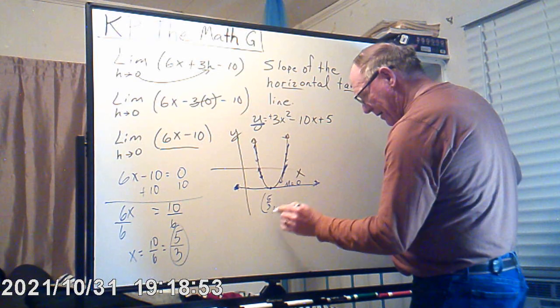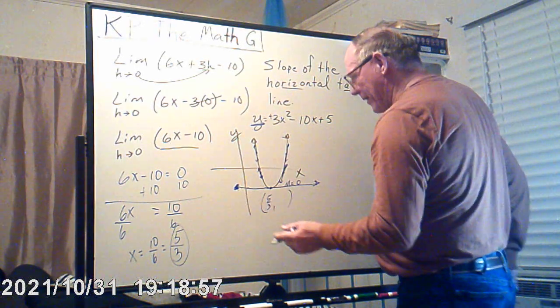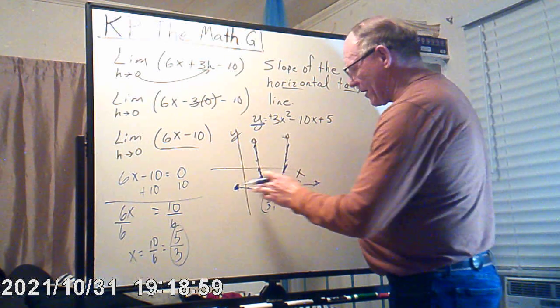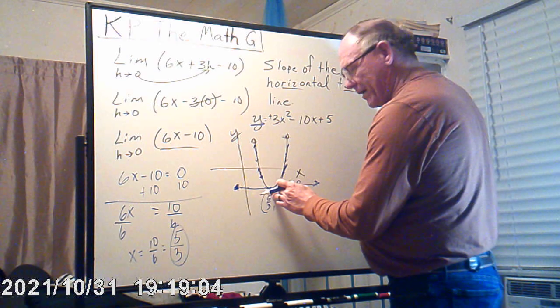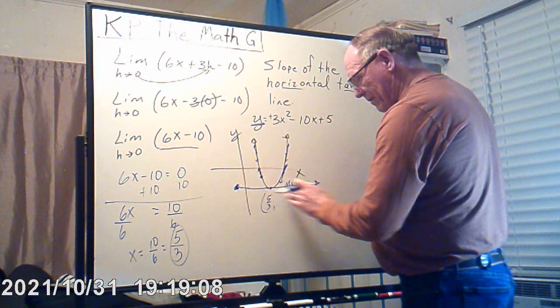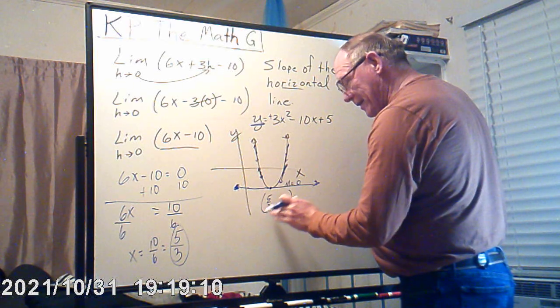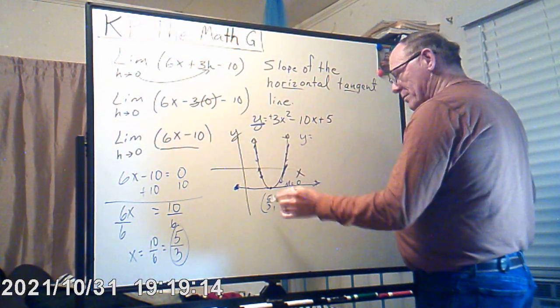Then we find the y value if you want to find that. We do know the x value of this vertex right here, where this line crosses. That's part of the vertex. We need the y value, so we can find it just by plugging this in.